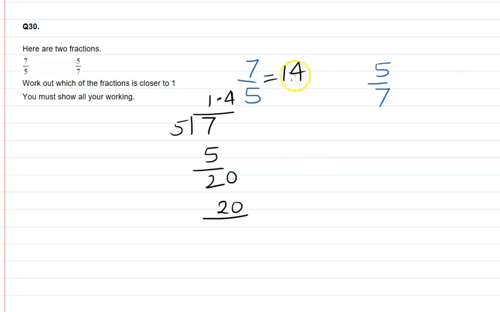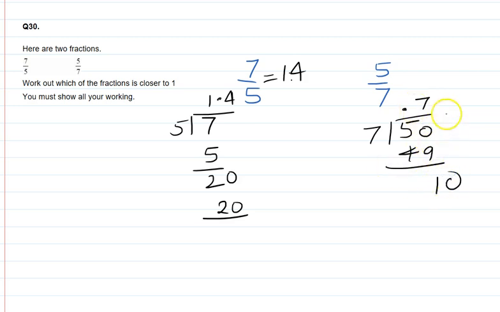Now divide 5 by 7, so put point 0. 7 times 7 is 49. So we got 0.71. So this is 0.71 and this is 1.4. Which one is closest to 1?